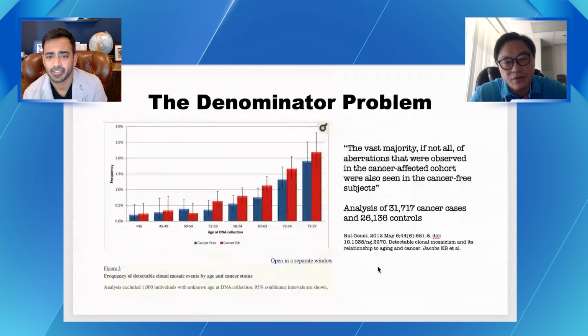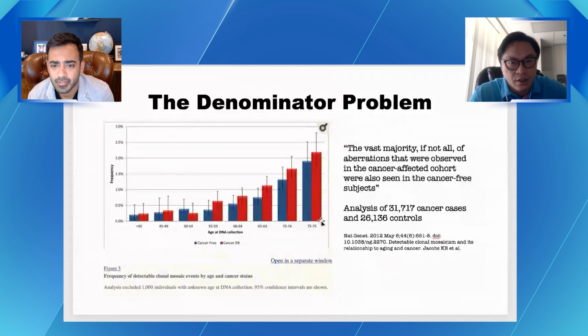This is the number of people who have mutations, the frequency, and they looked at 31,000 cancer cases and 26,000 controls. So these cancer cases have cancer, the controls don't have cancer. And what they find is that the vast majority, if not all, of the aberrations that are affected in the cancer-affected cohort are also seen in the cancer-free subjects.